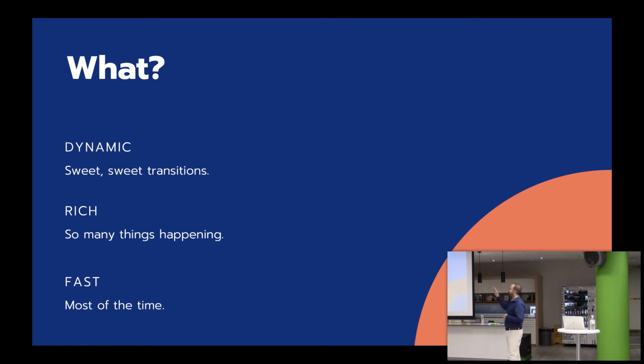Anyway, so what exactly is Angular? These are the sort of key points on the website. It's dynamic, right? So you don't have to post and change. You can view your changes on the same page. Ajax helps a lot with that. It's rich, right? So it's feature rich, and there's a lot of things that are happening at exactly the same time.